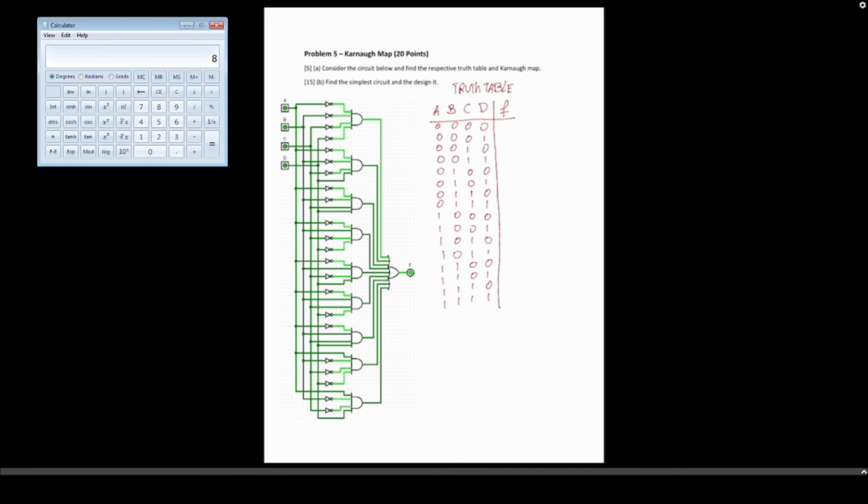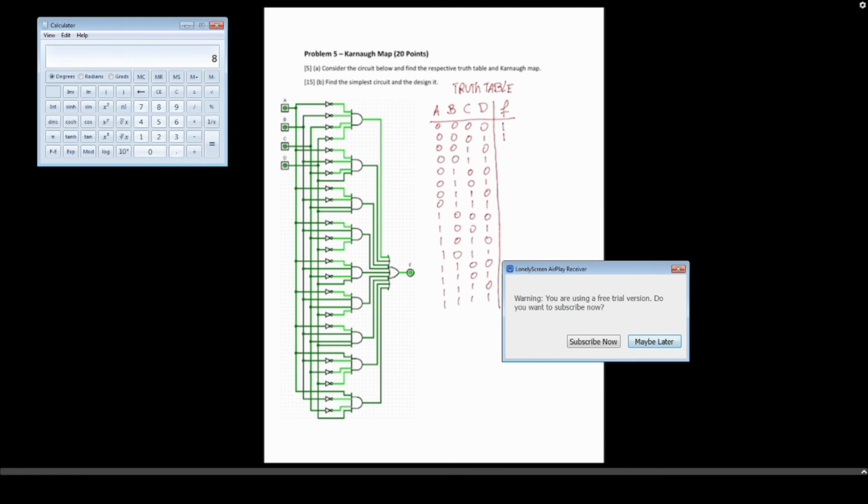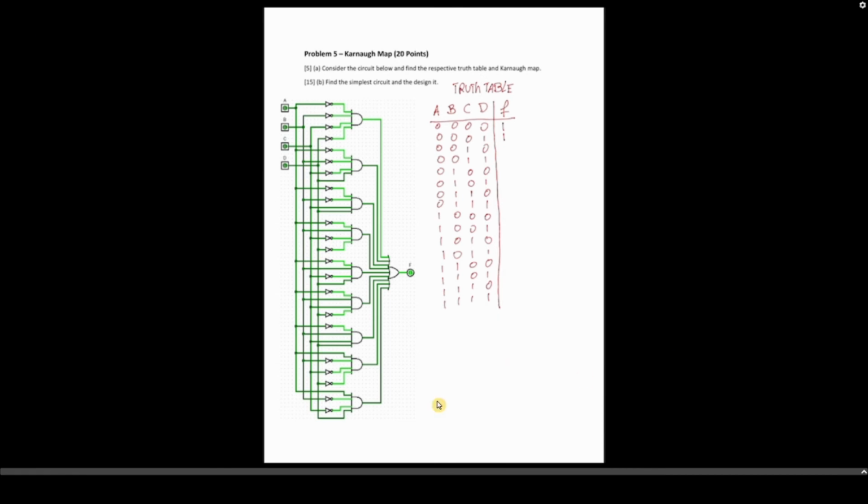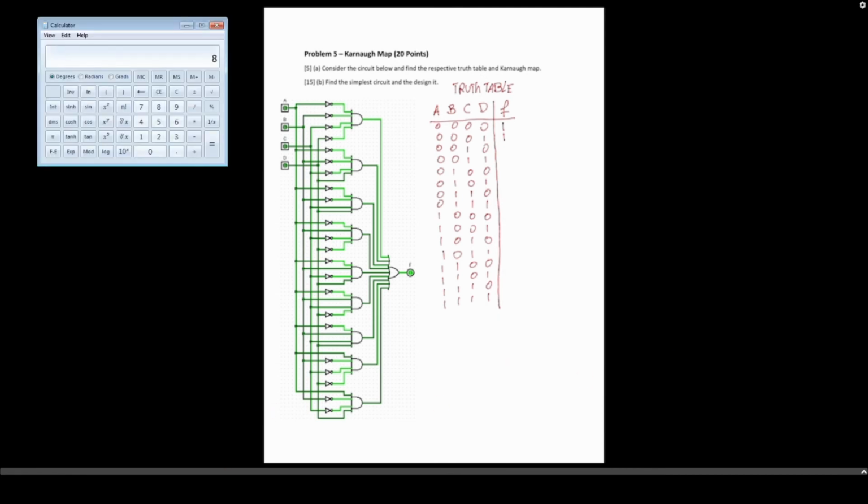So if I have all zeros, which is the value that it's over here, all zeros, I get a 1 here. So that means that this F is a 1. Second one here, if I get 0, 0, 0, 1, I get a 1. Then the next one is 0, 0, 1, 1, which is this. So this is a 0.